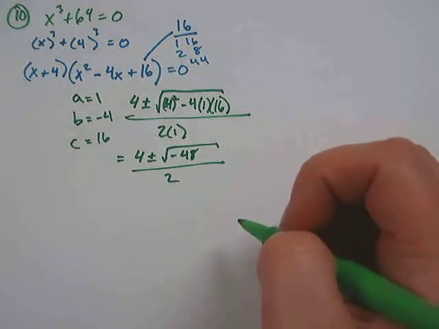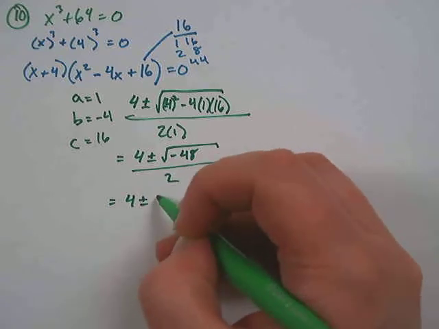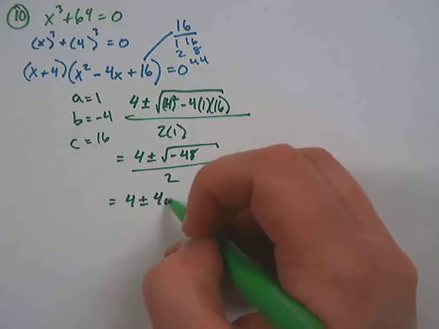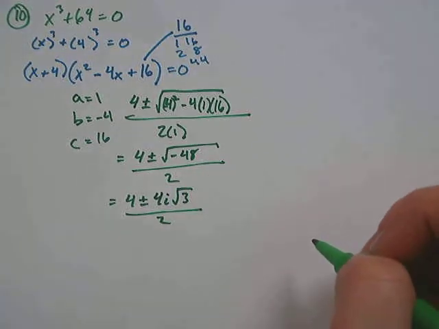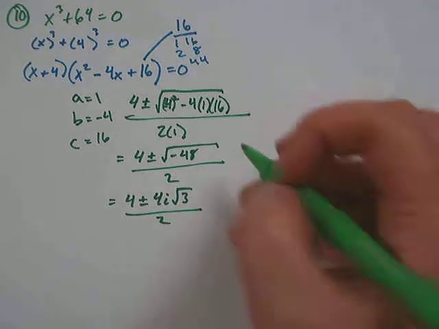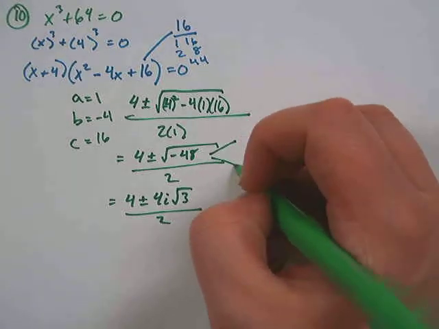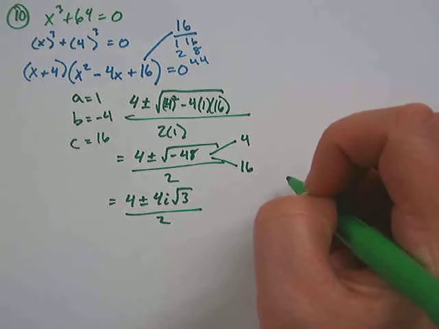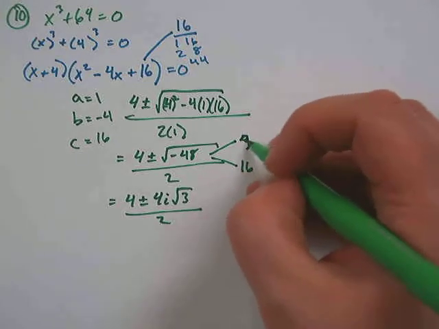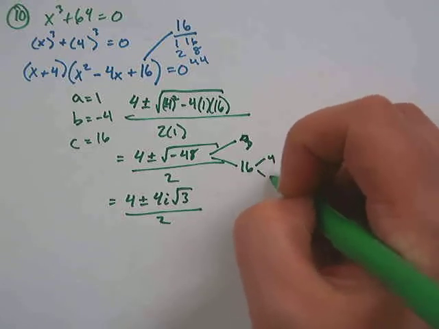And the square root of negative 48 simplifies further, so we have 4 plus or minus 4i root 3 all over 2. And that's since, if we wanted to break this down, 48 is 3 times 16. And 16 is a perfect square, it's 4 times 4.